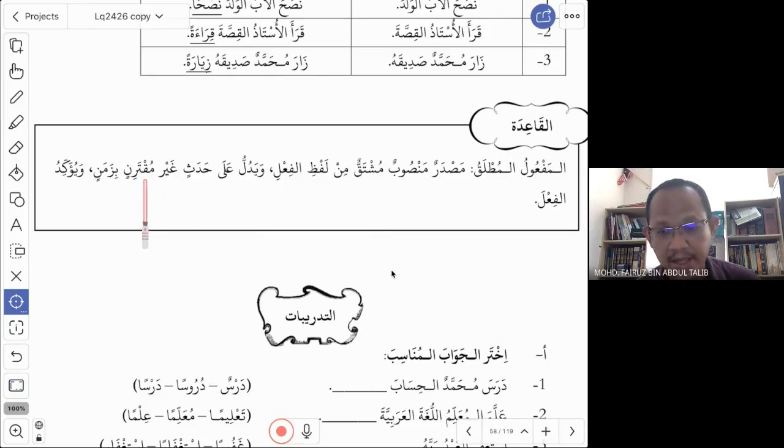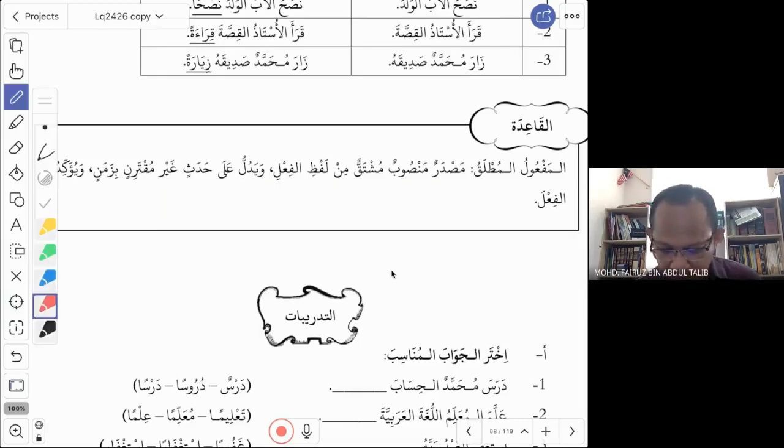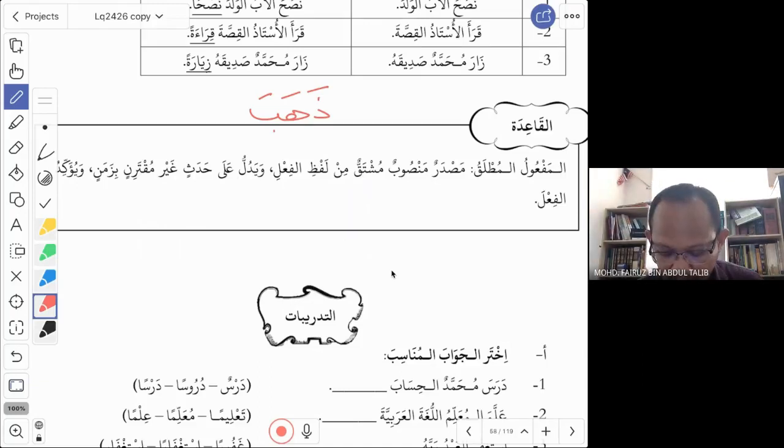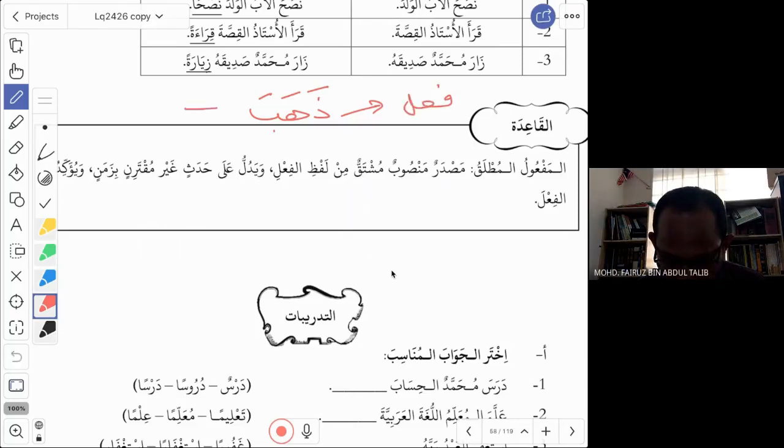Meaning that the word has the meaning of an action but without the time. So if you have time, for example, when you say zahaba, this is an action, a verb, and at the same time you have the time, past tense, fi'il madin, zahaba, he went. So this is considered as a fi'il. But the masdar of the fi'il zahaba is zahab.